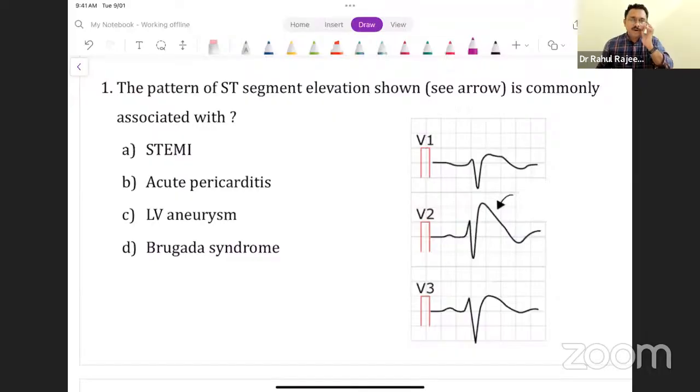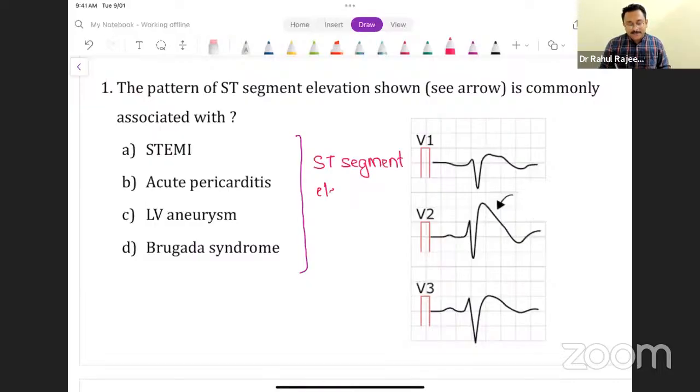First of all, I want all my dear children to tell me what is the common feature of all the options, A, B, C, and D. Remember, all these options are associated with ST segment elevation in the ECG. That is point number one.